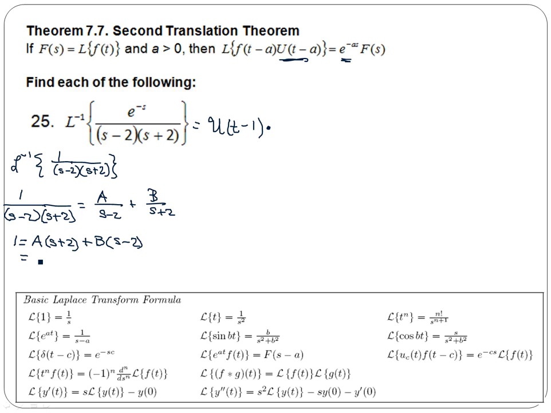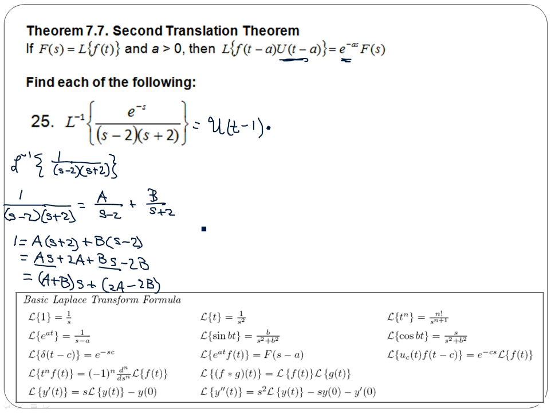Here I want to distribute the A to get As plus 2A, and distribute the B to get Bs minus 2B, and then combine my like terms. When I combine my s terms, I get (A plus B)s, and then my constant terms are 2A minus 2B.